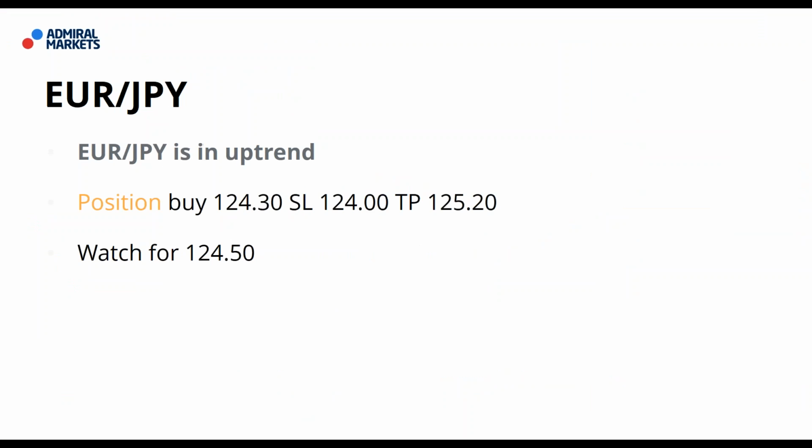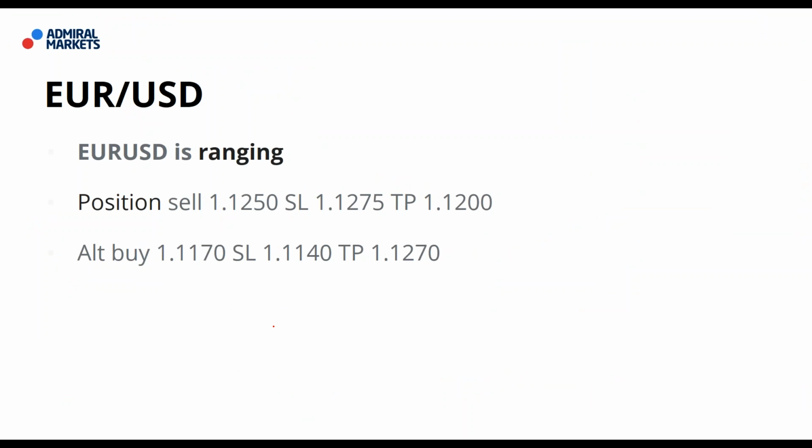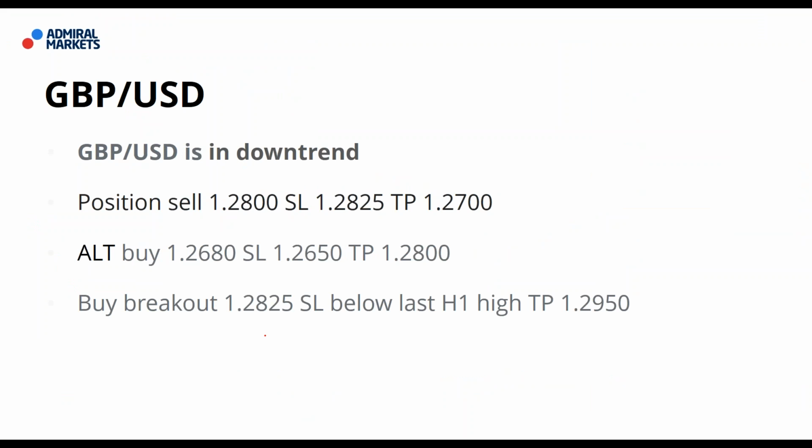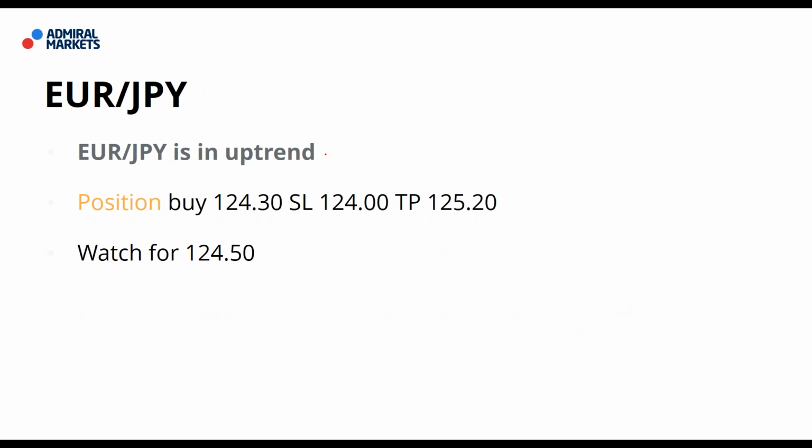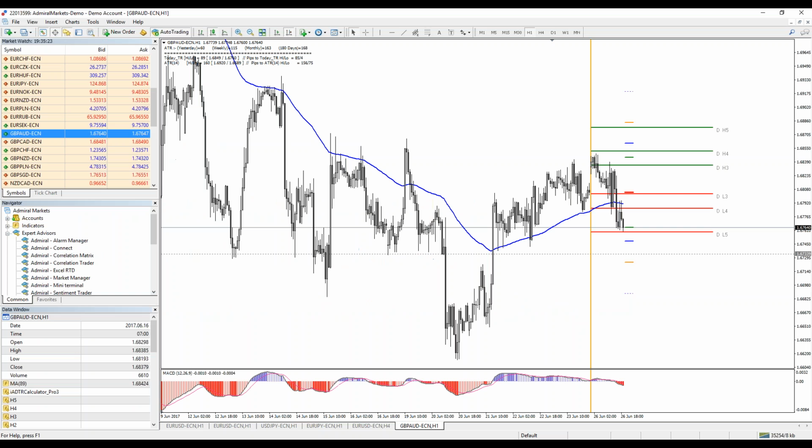Okay, I will roll the slides again, but please pay attention to euro dollar, pound dollar, Australian dollar, euro yen, pound yen. Euro GBP. I already covered Euro GBP today.